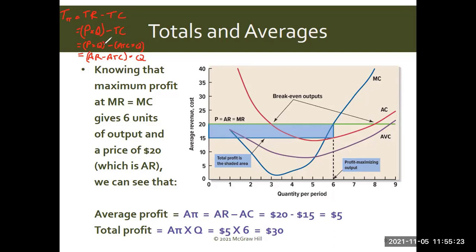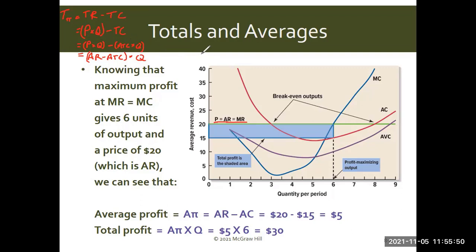And we have price times quantity here. So that's also total profit, this formula. Now we understand that in this model, price is average revenue, is marginal revenue. So up here where I had price, I substitute in average revenue, and then average revenue minus average total cost, all times quantity, is also total profit. So that's where we're going to pick this one off.